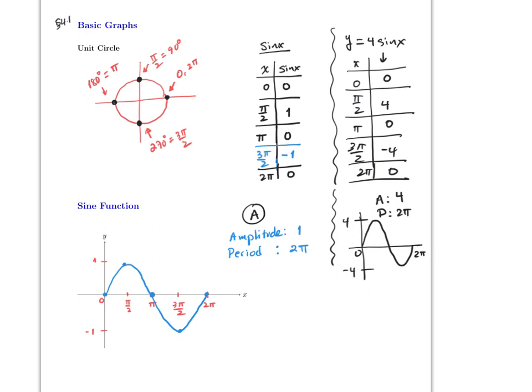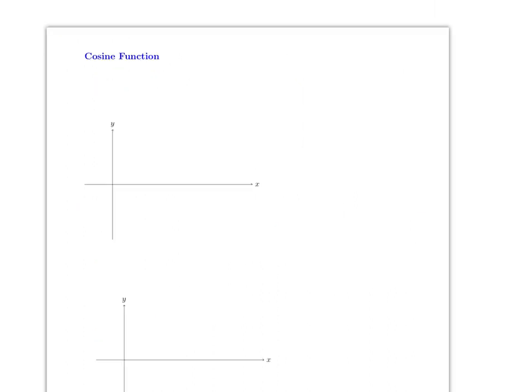So now we're going to move on to cosine, which has the exact same base points. This is what I call the base points, but these numbers go in a different order. All right, so now let's look into cosine. Now for cosine, we're going to use the same x values.